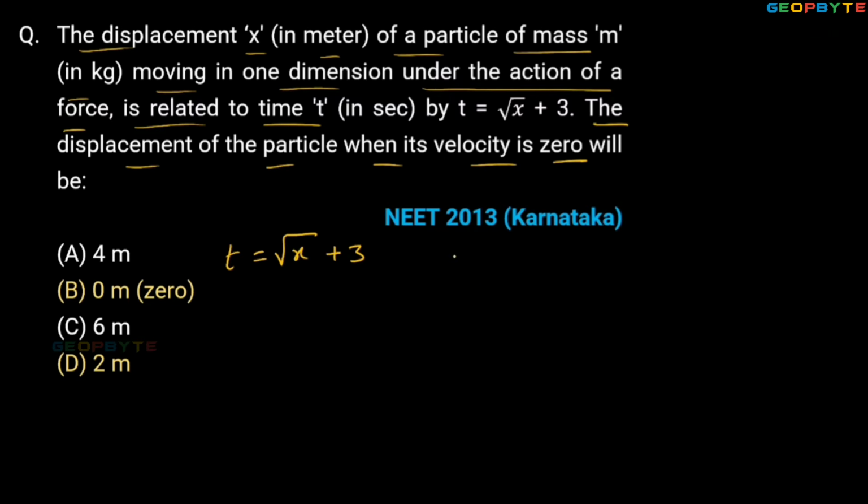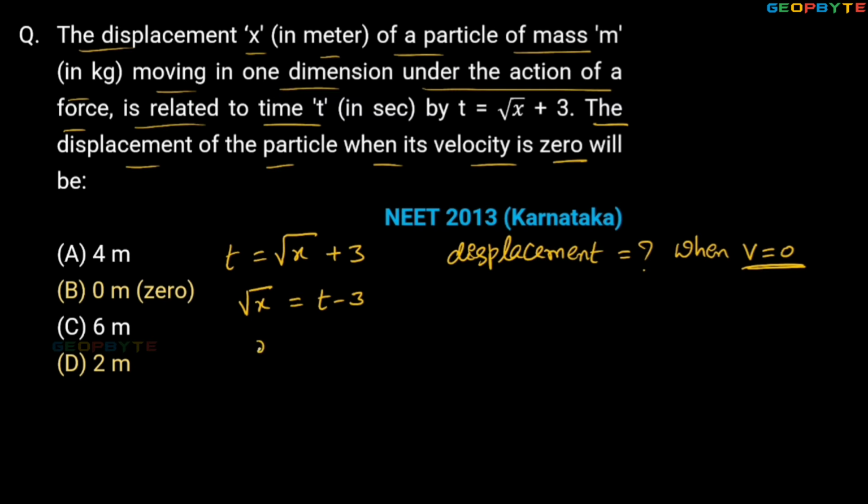Let me write that. Displacement equal to how much when velocity equal to 0. For that, this can be written as root x equal to t minus 3, or x equal to t minus 3 whole square.